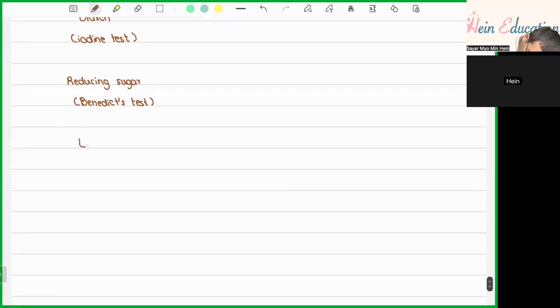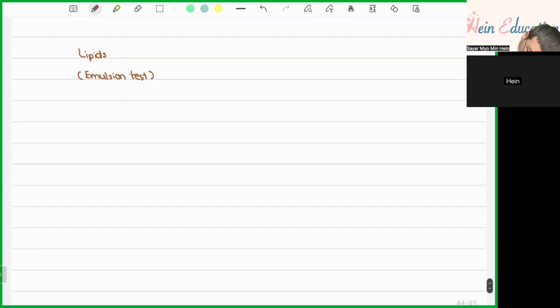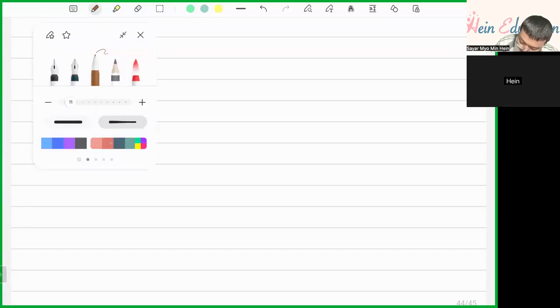For lipids or fats, we have the emulsion test. And the last one is for protein, where we have the biuret test. So now let's go through the results.